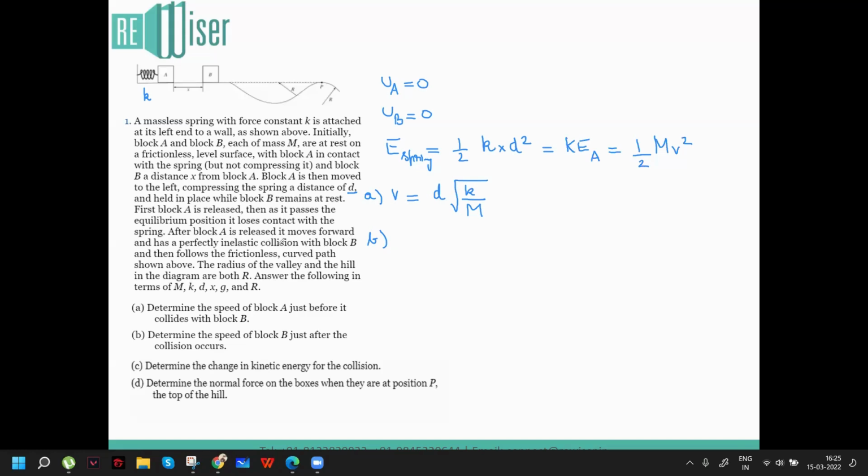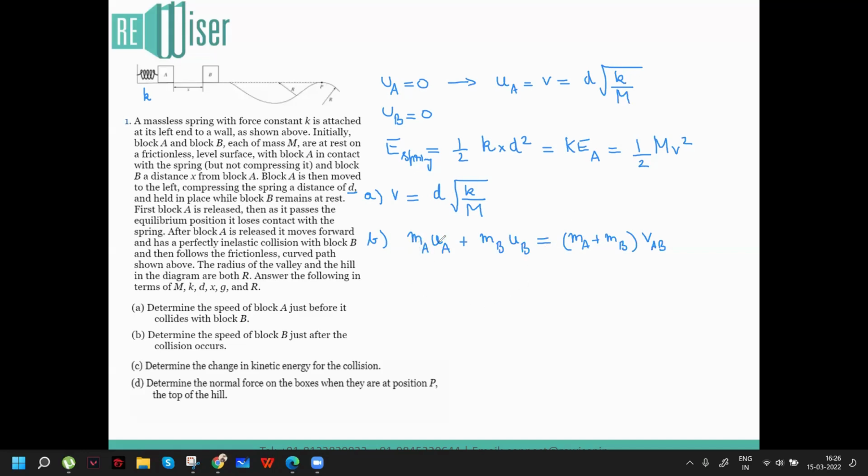We know that momentum is conserved in this collision, specifically because it is said to be inelastic, and we find that the expression can be written as MA into UA plus MB into UB is equal to the bodies sticking together, hence the combined mass is MA plus MB, into the final velocity V, which becomes VAB. Here UA is no longer 0, and instead assumes the value of V found earlier, which is d root k by capital M.